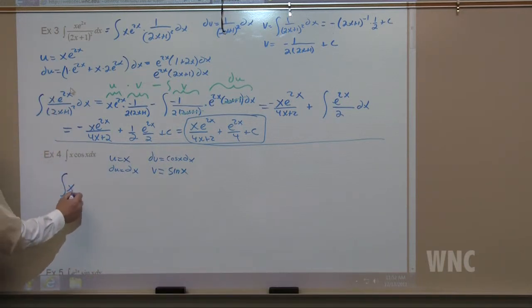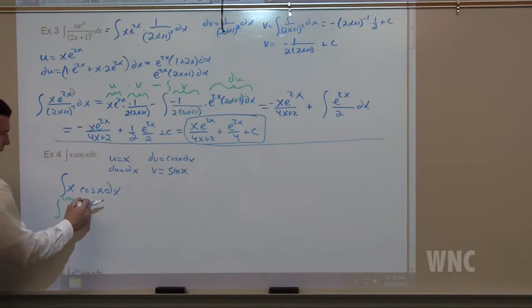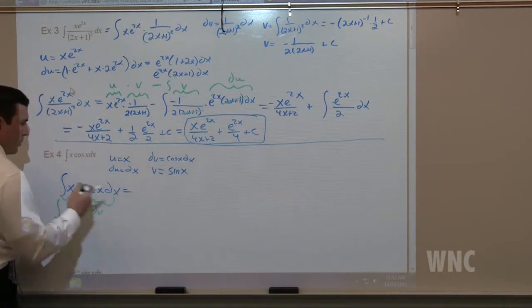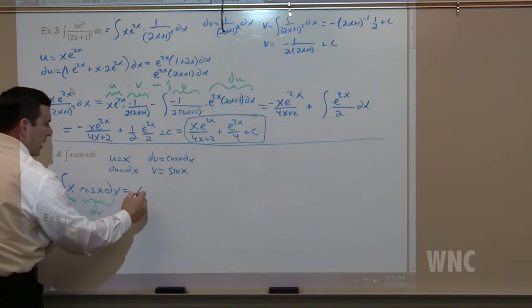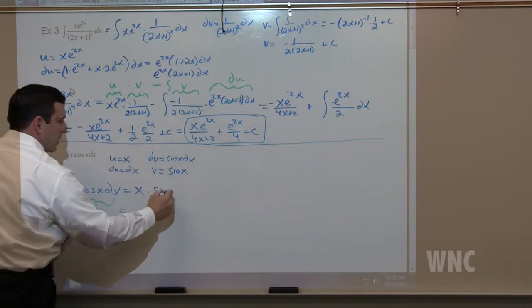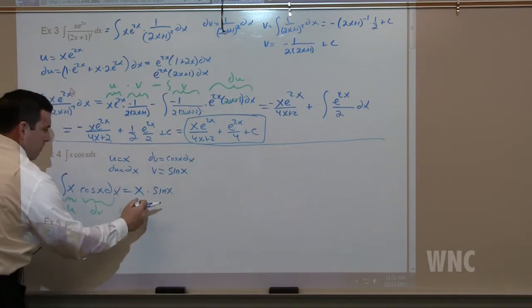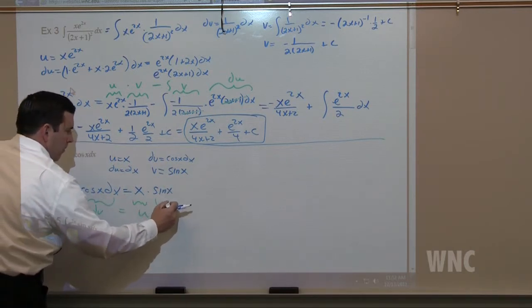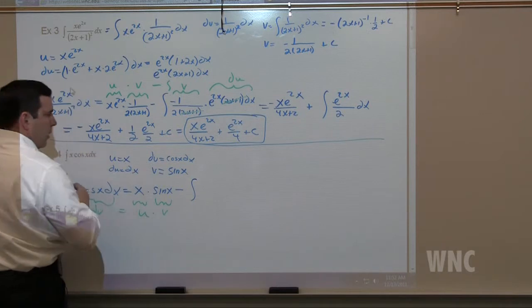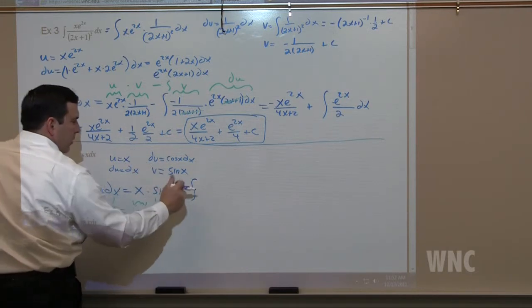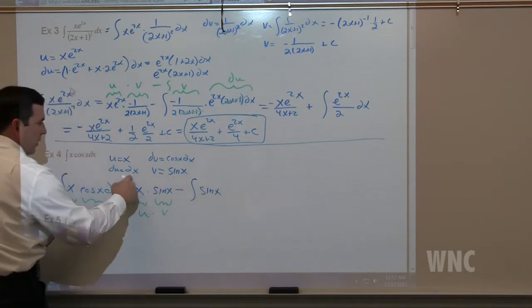So the integral of x cosine x dx, which is like saying the integral of u dv, is equal to our u, which is x, v, which is sine x, minus the integral of v, which is sine x, du, which is dx.